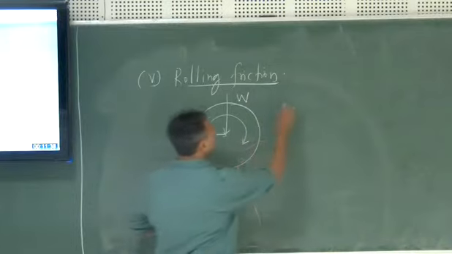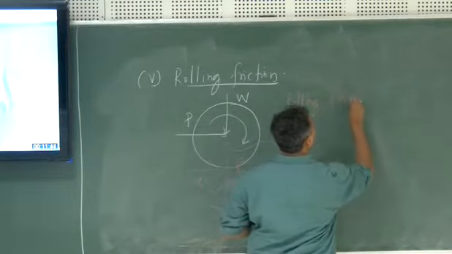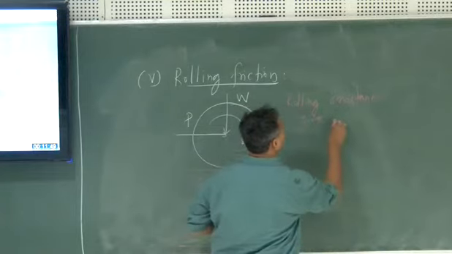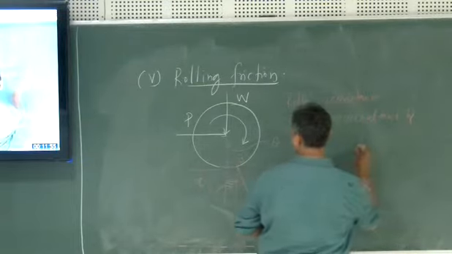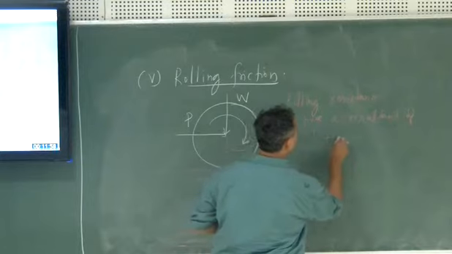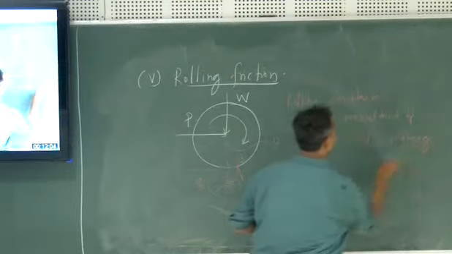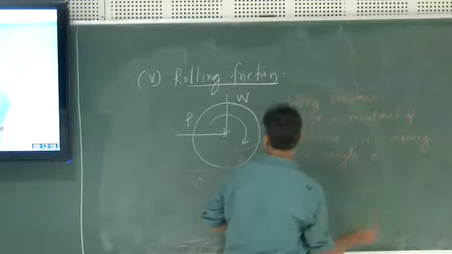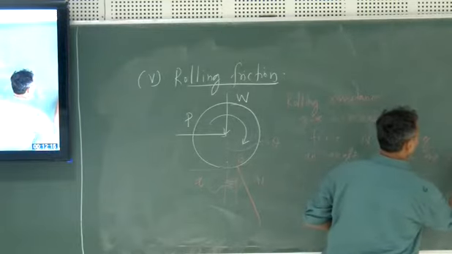The rolling resistance in this case gives a resultant force making an angle theta with the vertical line.